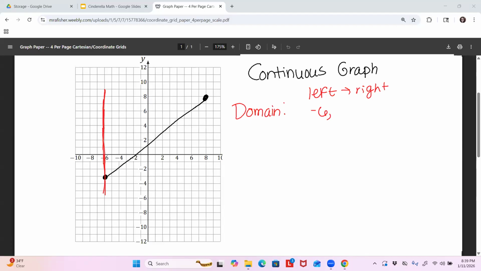How far right does it go? So look with your eyeballs all the way to the right. How far right? Build a wall. There we go. And now, since we have solid dots, we're going to put brackets on these. Square brackets. Okay? That is one way we can write it.